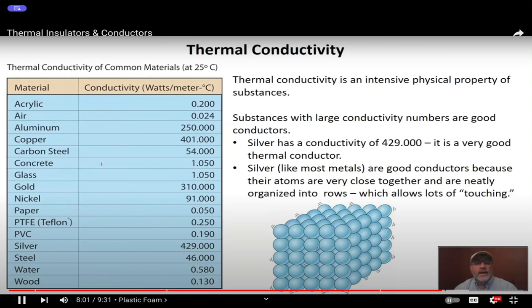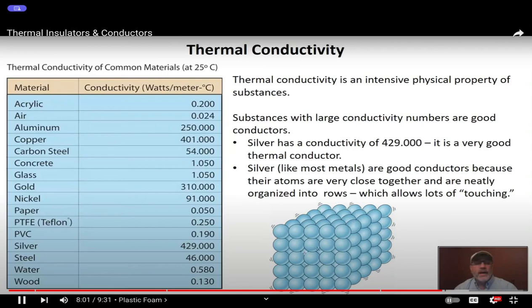And then this is just a scientific table with information. Not that you really need to know what all the numbers mean, but I do like that it points out that the higher a conductivity level, the better it is as a conductor. It's basically the higher the number, the more packed the molecules are, right?